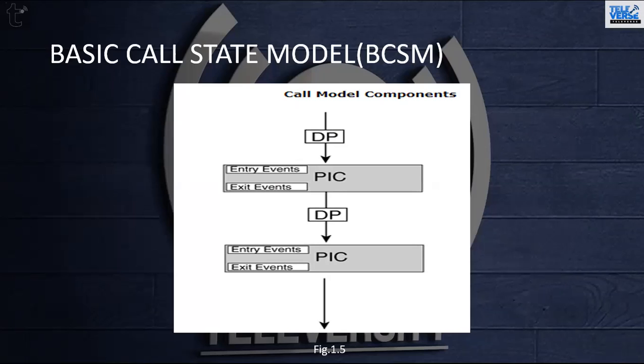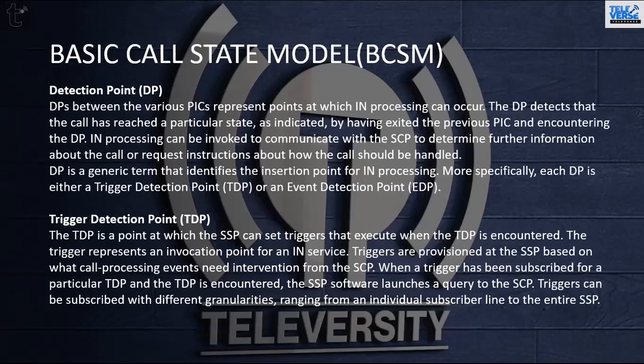So after it exits a PIC, it now goes to a detection point. A clear example is what I gave you. Once it gathers the information, it triggers. The DP is just the detection that has to be sent to the IN.